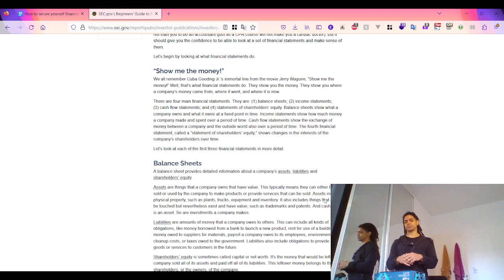Short-term borrowings. Okay, this is for companies to meet their financial needs or their working capital. The difference between the current assets and the current liabilities is one of the indicators of the company's financial health.